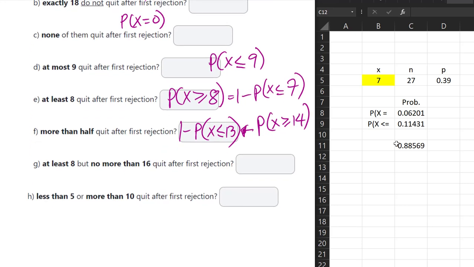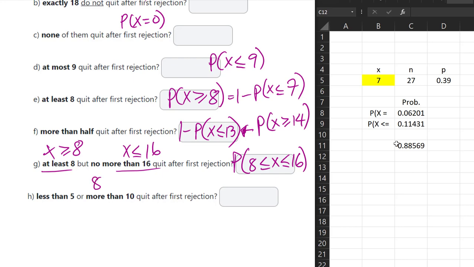In part G, at least 8, but no more than 16. So at least 8 will look like this. No more than 16 will be that. Essentially, we're looking for X between 8 and 16 inclusive. So in that case, we'll have to take everything up to 16 and remove everything below 8 from it, because we have 8, 9, all the way to 16.